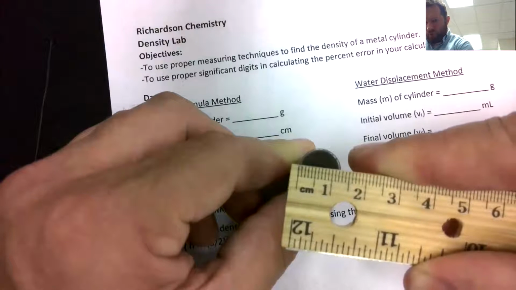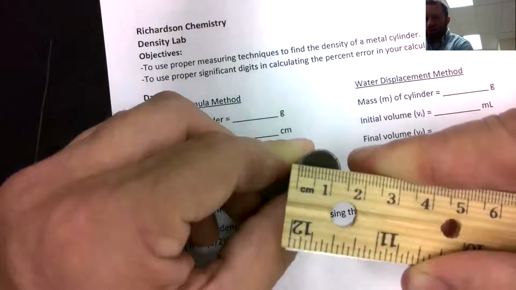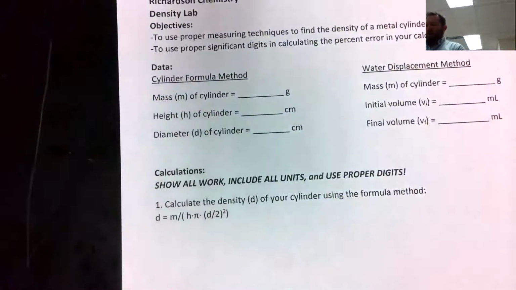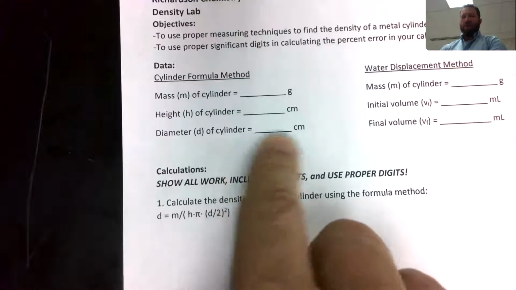Okay, so there we are. We're starting at 1. We know it goes past 1, 1.2, 1.2 what? And you make that recording right here. That's the diameter of the cylinder.